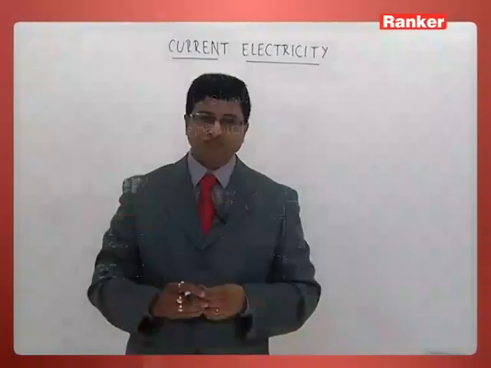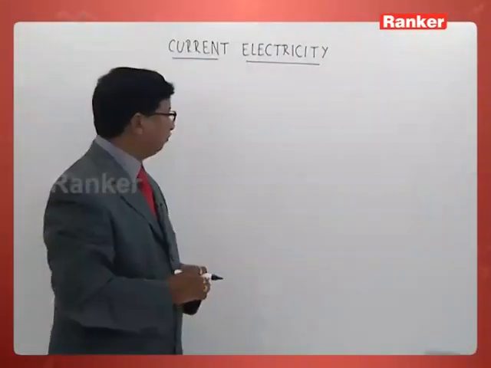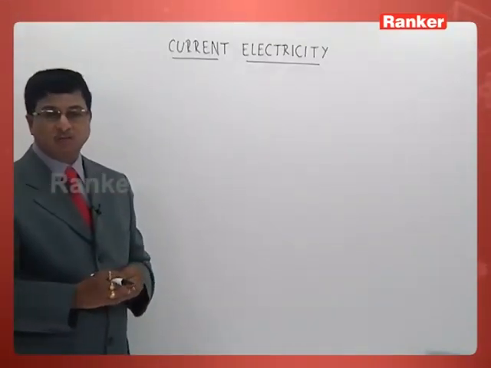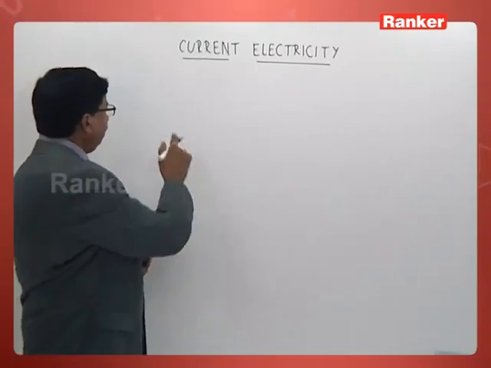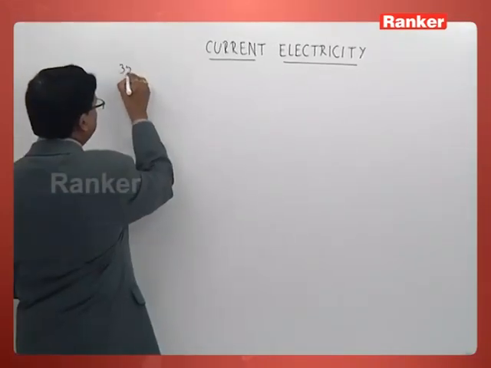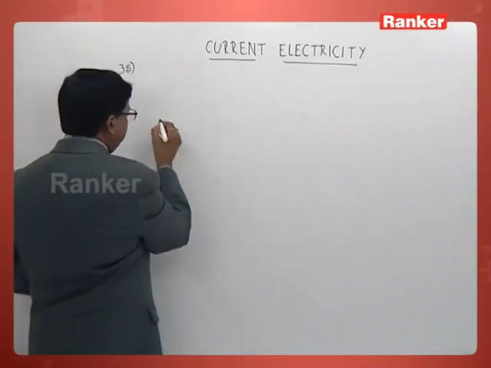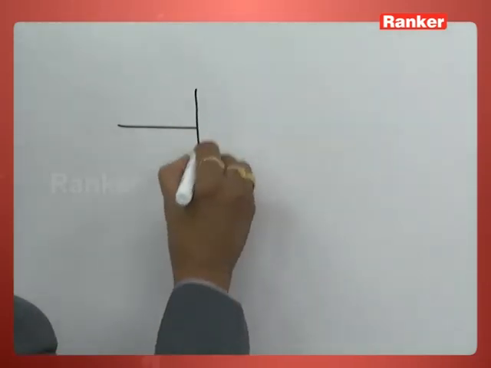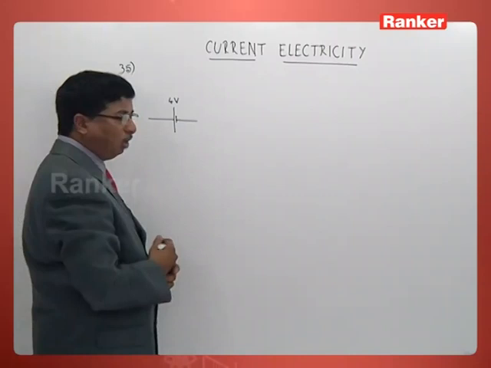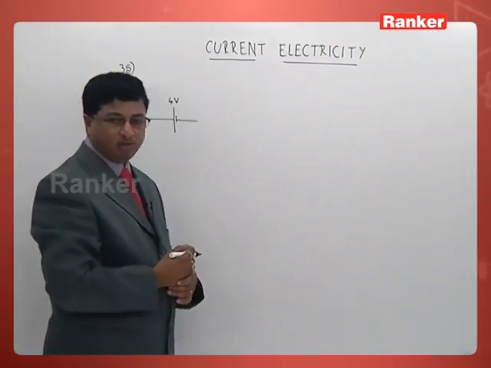How come? Let me once again draw the entire part of the circuit that has been given for us. This is problem number 35 we are talking about. There is a cell first. It has been started with that. The cell is of 4 volt. Then you are finding 4 resistors.